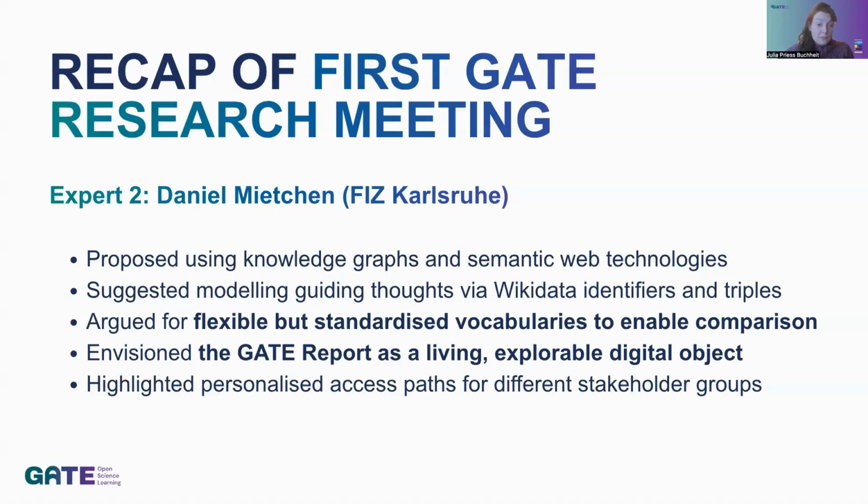You said that we could model the guiding thoughts via Wikidata identifiers and triples, which identifiers I do understand, but triples I cannot follow. But then, and that's why it's in bold, you already mentioned these standardized vocabularies. I think this is connected to what Tim said. It's so rich on the one hand.